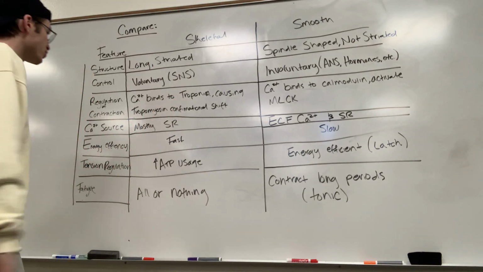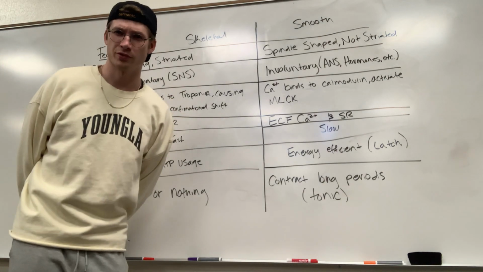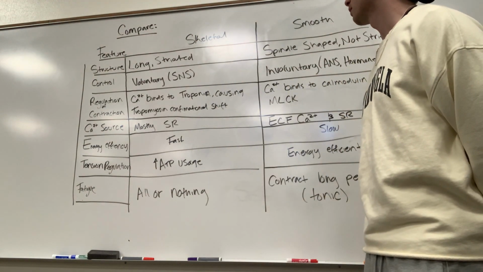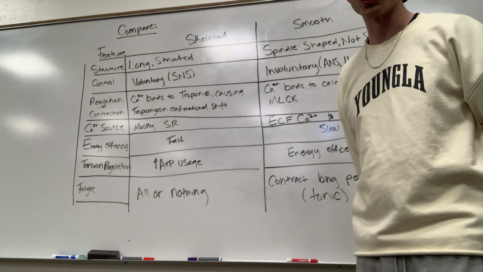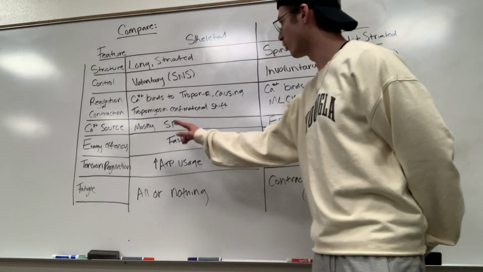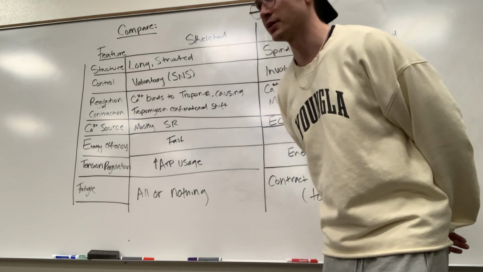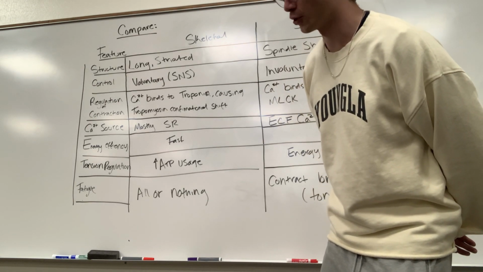And the source of calcium for these. So for our skeletal muscle, probably the majority of the source of calcium that we're going to get is all from that SR, that sarcoplasmic reticulum.